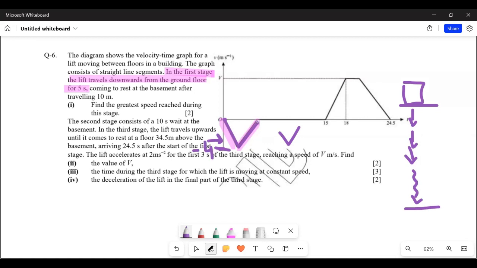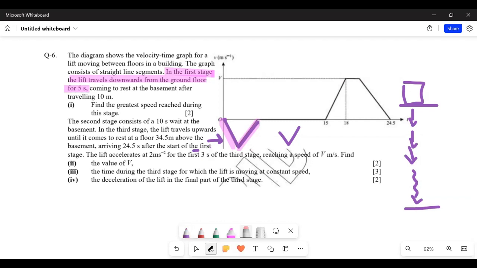The minus only shows that downward motion is being represented by a negative sign. So as the lift is going down, its velocity is shown by a negative sign. And when the lift goes up, the velocity will have a positive sign, since velocity is a vector quantity and negative is the direction which is downwards.